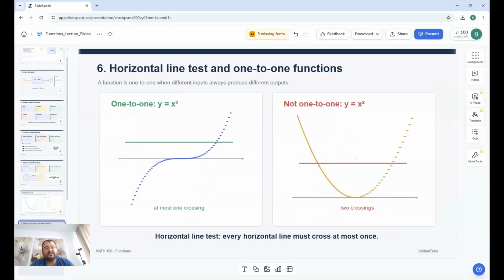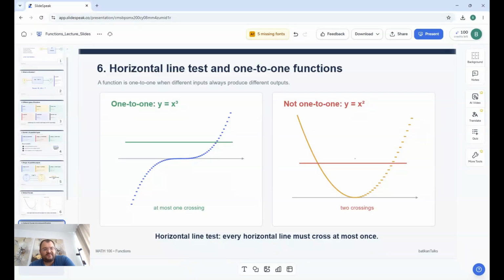So the vertical line test determines whether a graph is a function or not, and the horizontal line test determines whether a function is one-to-one or not. You draw a line horizontal to the x-axis this time, and you check whether your graph intersects with that line only one time or multiple times.